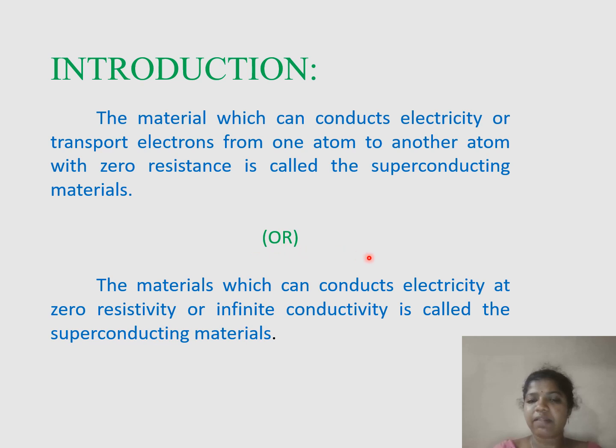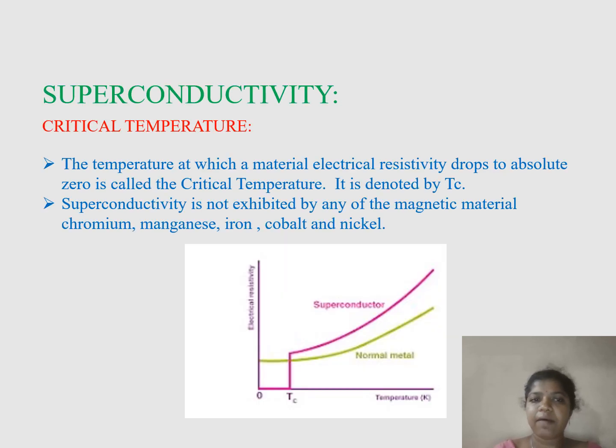Or another way we can say that the materials which can conduct electricity at zero resistivity or infinite conductivity are called superconducting materials. The best examples are niobium and magnesium diboride.